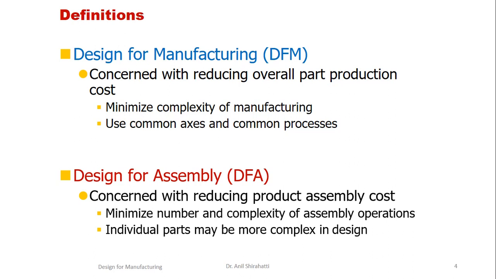Individual parts can be complex, that is allowed, but when they go into the assembly, it should not make the assembly process very complicated. Okay, so whenever we are designing any product, we have to think how I can reduce the manufacturing cost and how I can reduce the assembly cost without compromising on the quality of the product.